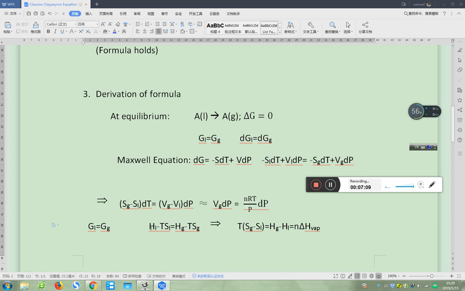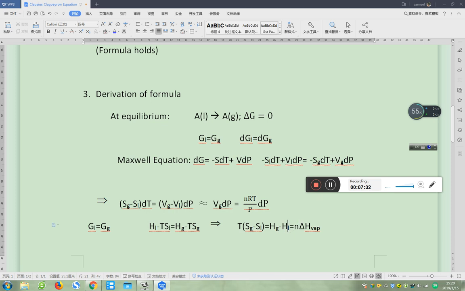If we process this equation again, we get the temperature, in Kelvin, times the entropy of the gas phase minus the entropy of the liquid phase, equals the enthalpy of the gas phase minus the enthalpy of the liquid phase.